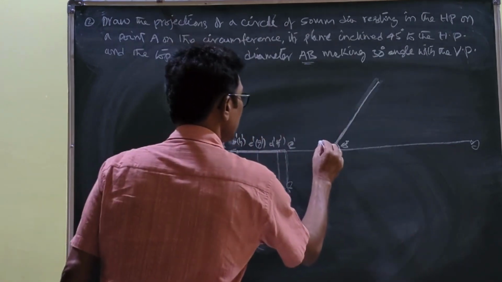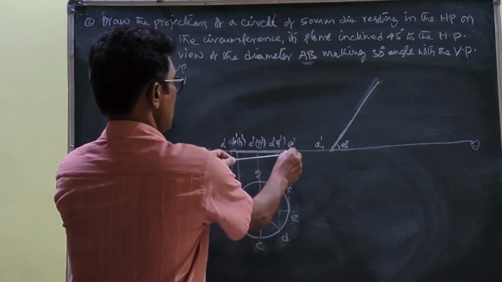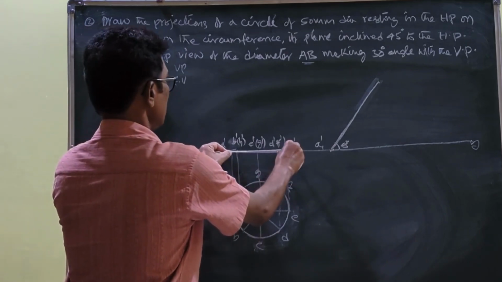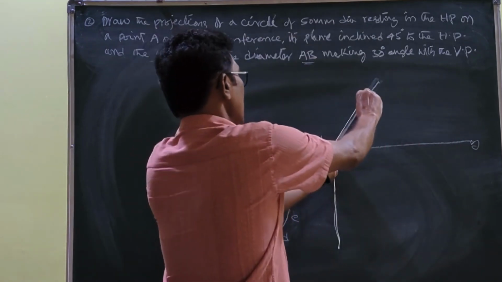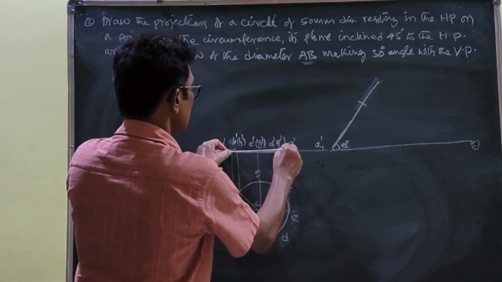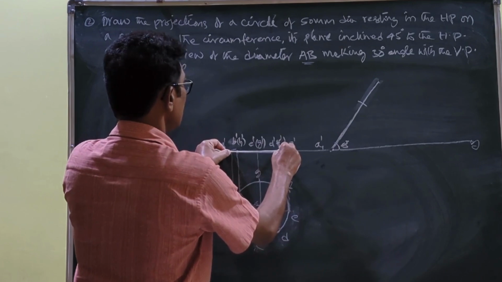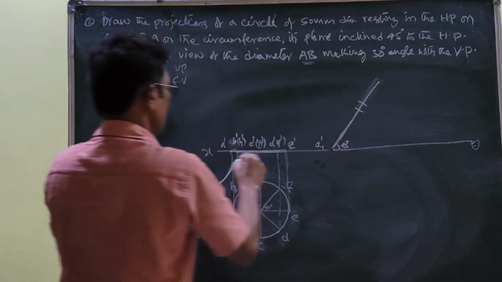A dash, E dash as a radius. Let us say this point is called A1 dash. A dash, E dash as a radius, A1 dash as a center, you draw the arc here. Again A dash, D dash and F dash as a radius, A1 dash as a center, you draw the arc.